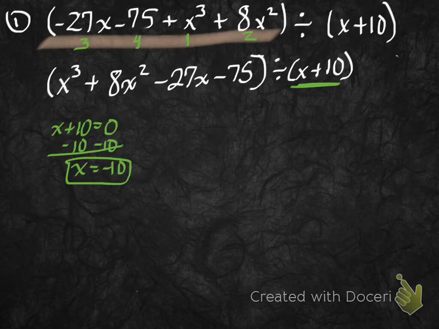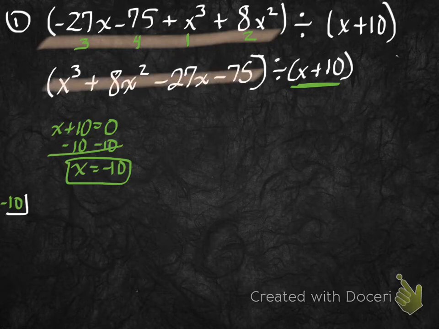Synthetic division is set up by drawing the bottom right-hand corner of a box, and we're going to put that negative 10 inside that box. Then we list the coefficients from our first set of parentheses that I just highlighted.